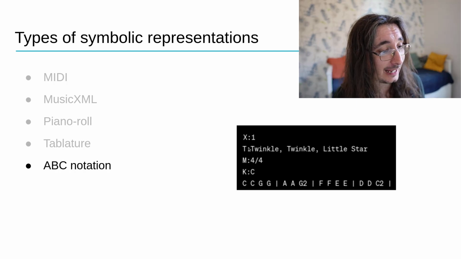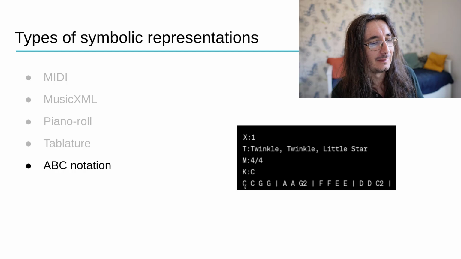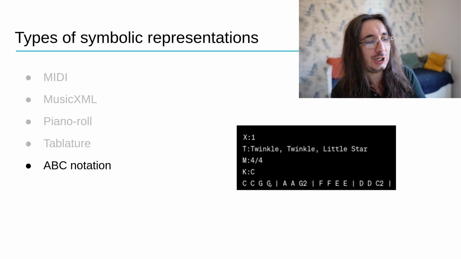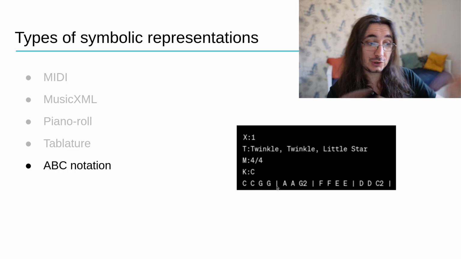Here you have the title, Twinkle Twinkle Little Star, you have the time signature, that's 4/4, you have the key, that's C major, and here you have the actual notation: C, C, G, G, and each of these is a quarter note, and this vertical line divides 2 bars.